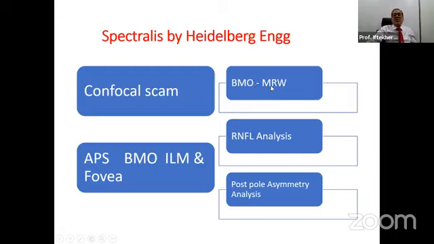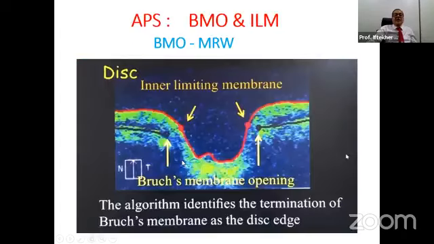Bruch's membrane opening, minimum rim width. This is the actual retinal rim analysis profile. And this is the retinal nerve fiber, that is, the peripapillary nerve fiber analysis. And this is the posterior pole asymmetry analysis. And here we see the neuroretinal rim is detected by the anatomical positioning system.